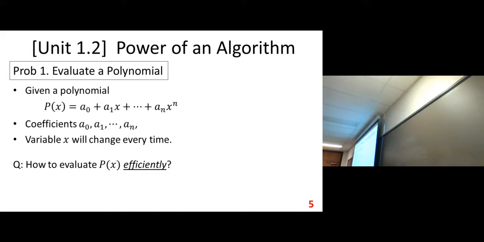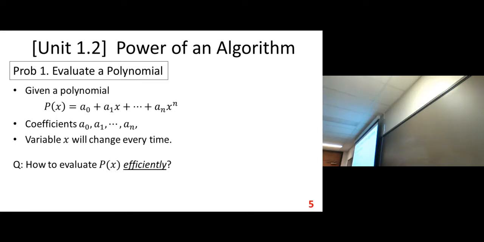To get a correct answer, everybody in this class can do it easily. But that's not our goal. Our goal is the efficiency. How fast can you get the answer? Our focus, efficiency.